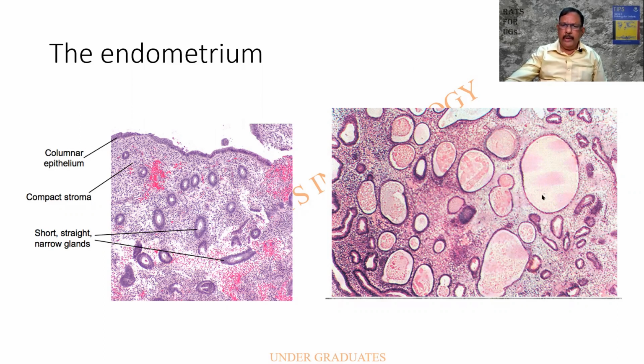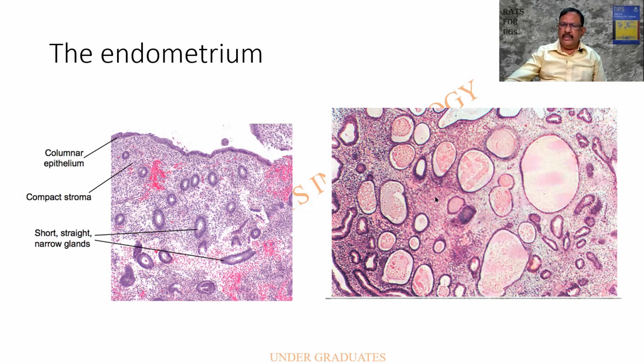And now what am I going to show you people? The endometrium. So here you find that there is the normal endometrium, well punched out glands separated by a cellular stroma, the proliferative phase of the endometrium. But look here, the endometrial glands are all getting distended, and they are also a little more in number.